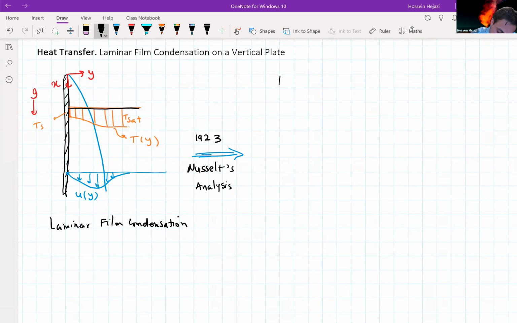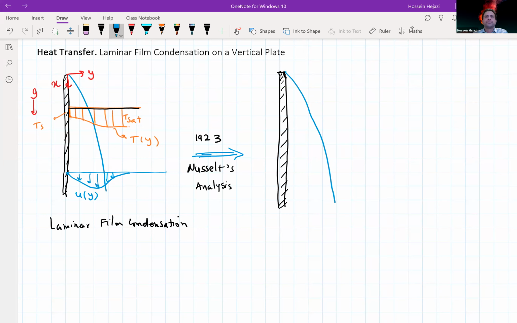So the assumptions that he was making were for this velocity and temperature field. So let's say we have this laminar flow, and the first thing he made was assuming the surface temperature Ts and the vapor saturation temperature Tsat are going to remain constant.